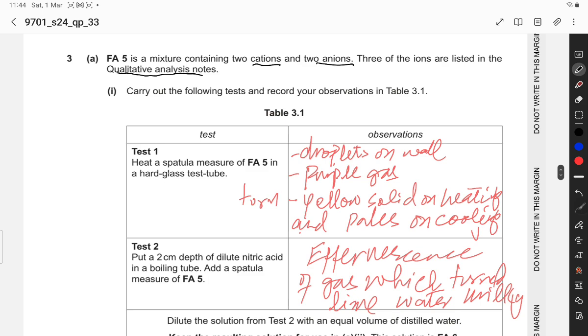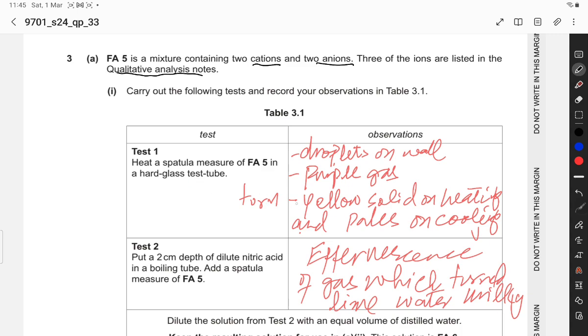Test 1, heat a spatula measure of FA5 in a hard glass test tube. So we have recorded observations like water droplets on the walls of the test tube. Purple gas is evolved. Yellow solid on heating, yellow turned white.